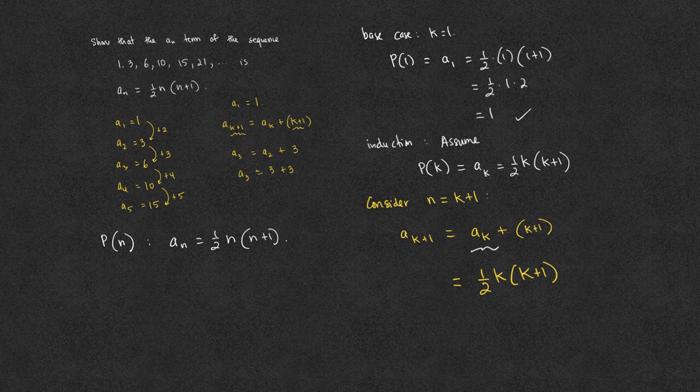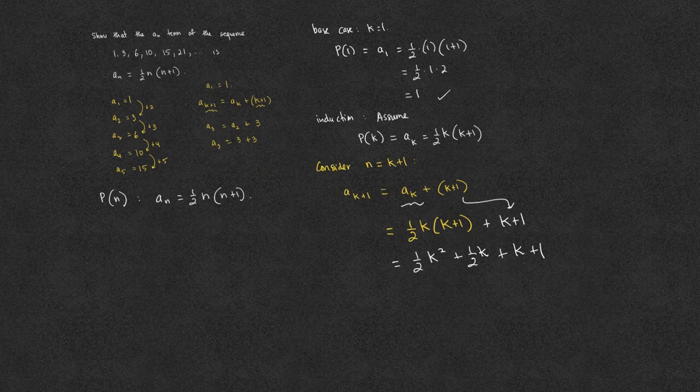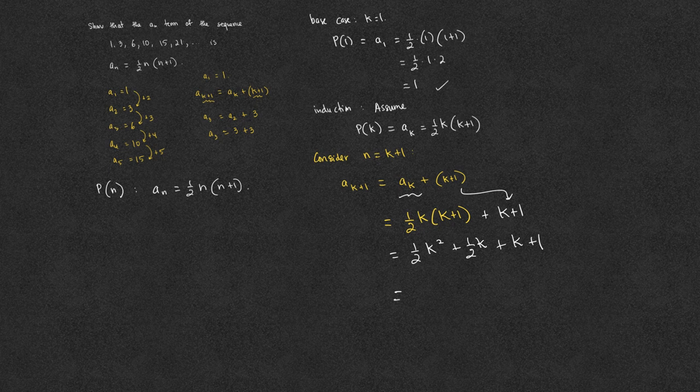We still have k plus 1, so we bring it down. We will then simplify this. This is 1/2 k squared plus 1/2 k plus k plus 1, where we will combine like terms. This is 1/2 k squared plus 3/2 times k plus 1.